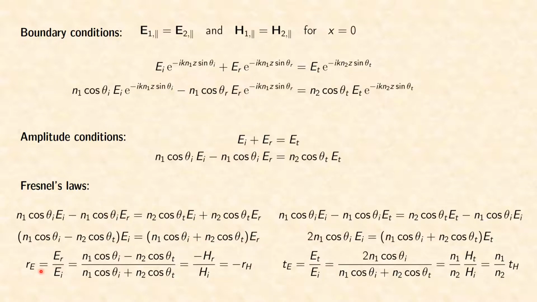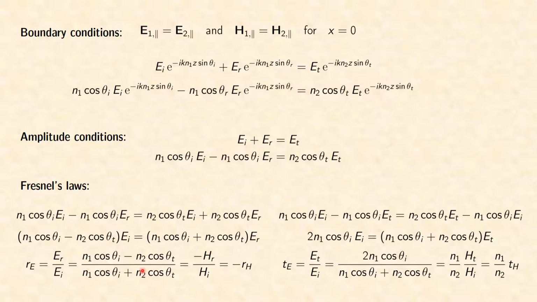That allows us to calculate the amplitude reflection factor, which is the relative amplitude of the reflected wave, relative of course to the incident amplitude, and the expression is given here.